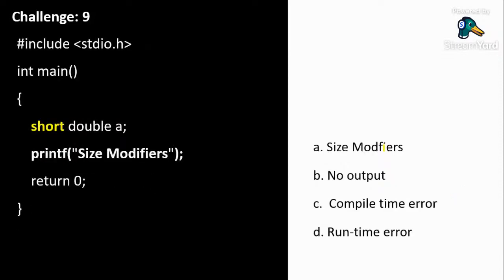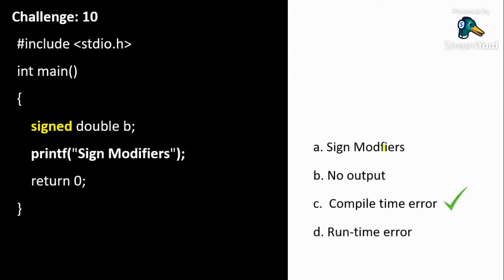How about this one? What is the output? So again, it's a compile time error because I cannot have short double. Similarly, here it is again an error because I cannot have signed double.